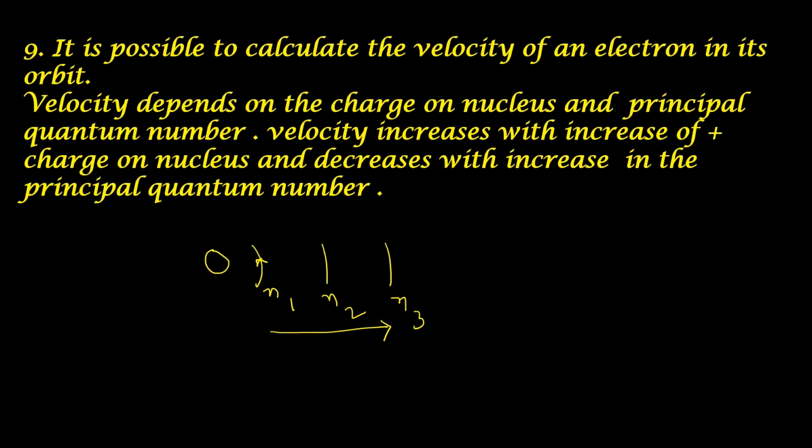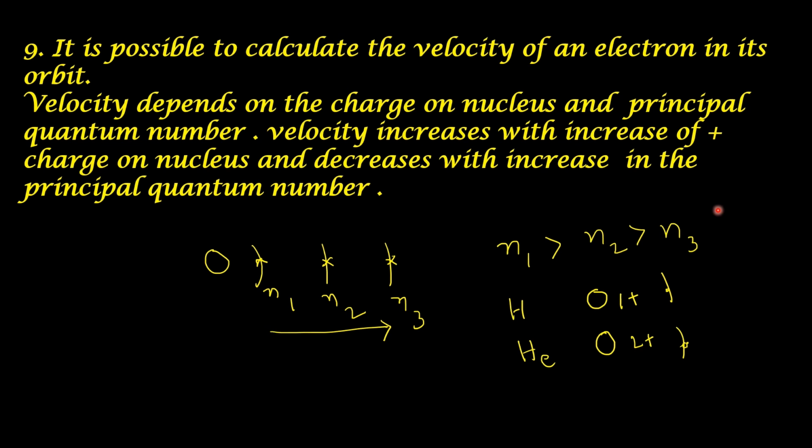Then the velocity of the electron in quantum number 3 will be less than the velocity of the electron in quantum number 2 or 1. So the velocity of electrons in N1 is greater than that in N2, greater than N3. The nuclear charge in helium is greater than that of hydrogen. As per this postulate, in the helium atom, the velocity of the electron will be greater than that in hydrogen.